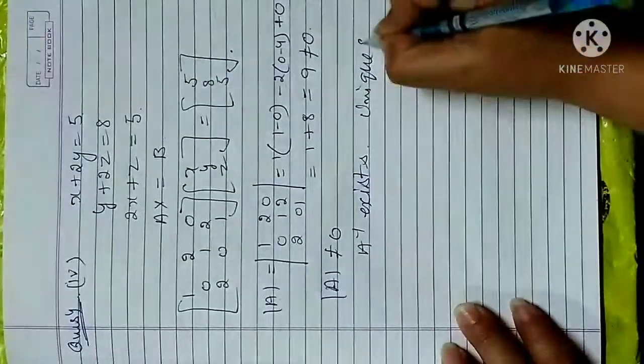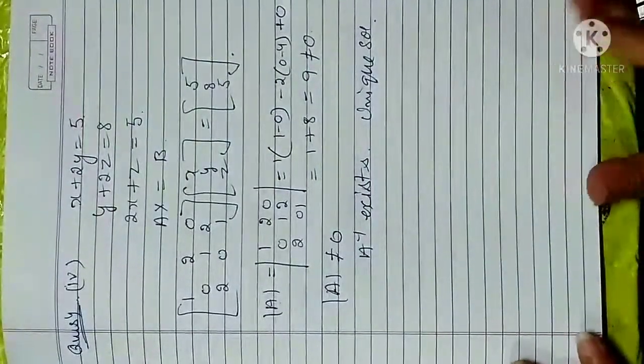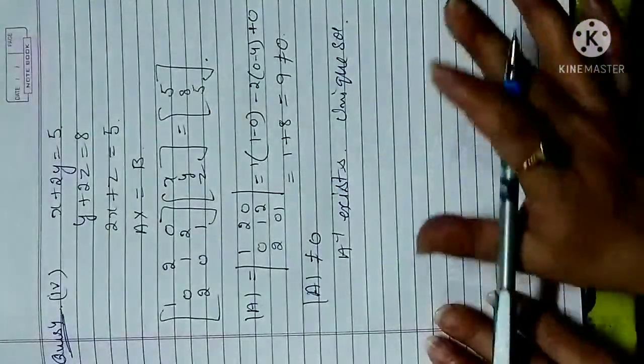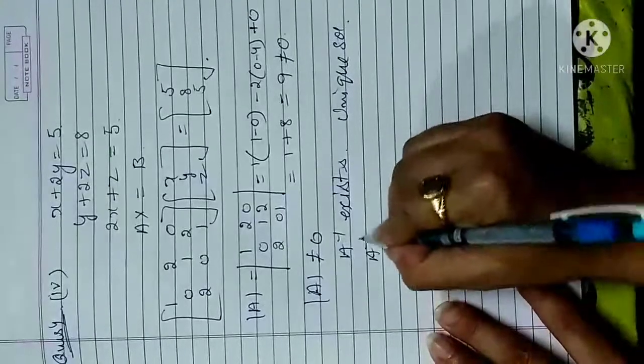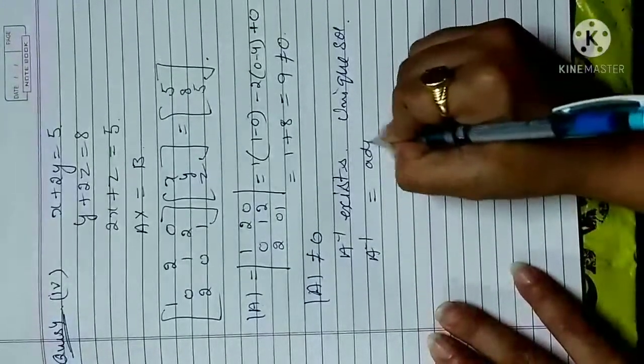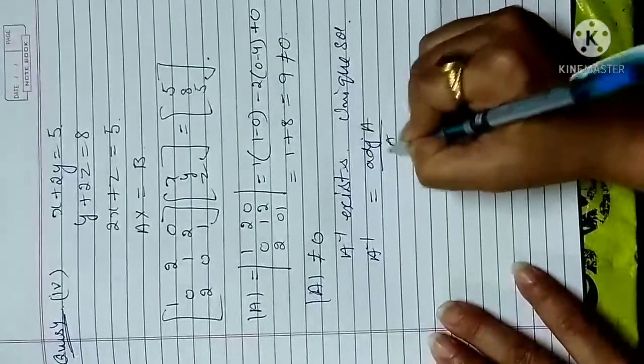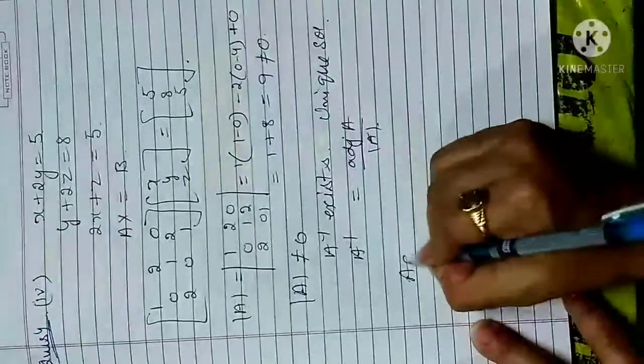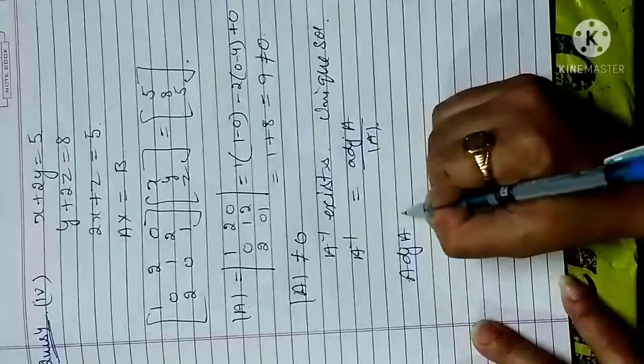Unique solution means there will be a particular value of x, y, z in this solution. So we first find A inverse by adjoint A divided by determinant A, with this method.